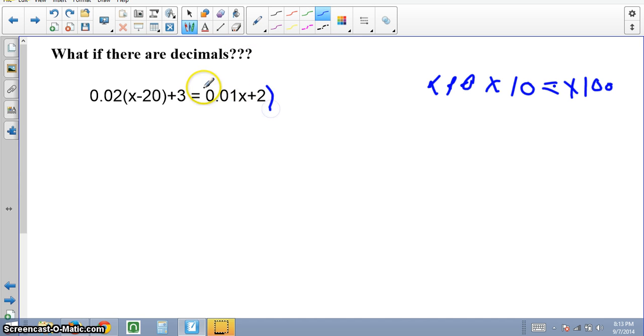So times 100, times 100. Let me do the right side first. You multiply 0.01 times 100. That's 1x. And then 2 times 100, that's 200.